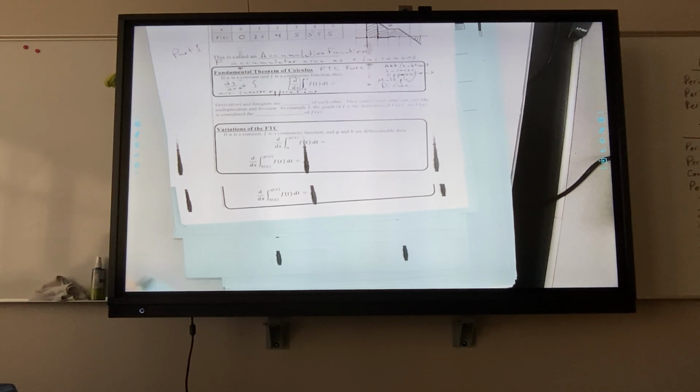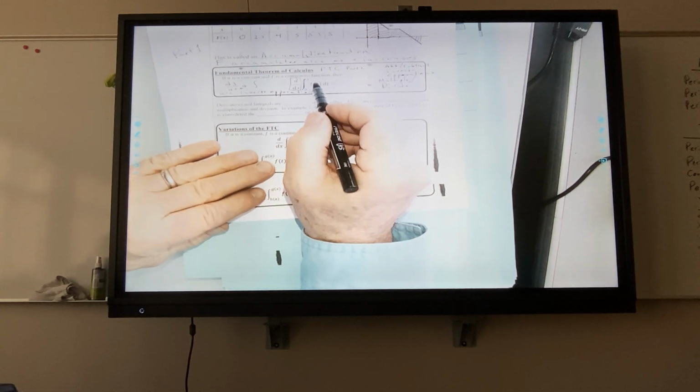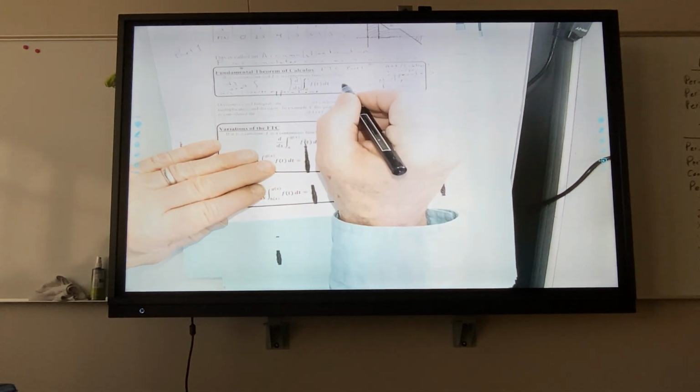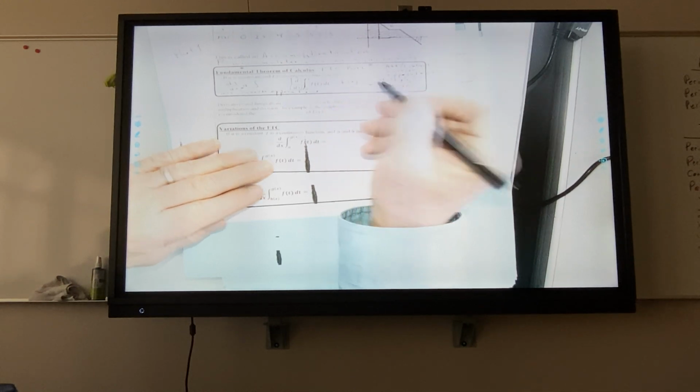So, if you're taking a derivative of an integral, what happens here is the equation does not change. This lowercase f stays as it is. But what happens is that t gets replaced by this x. So the answer here is f of x.